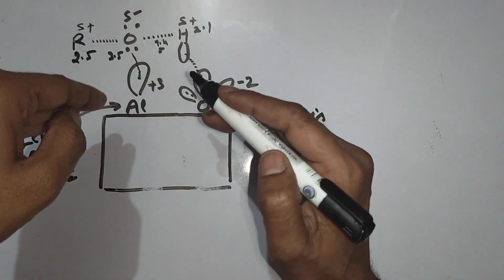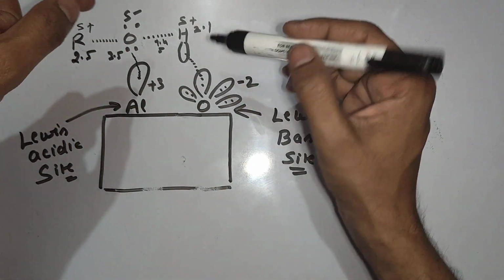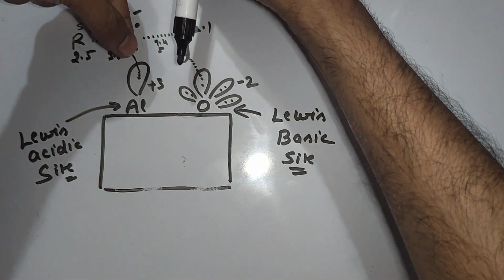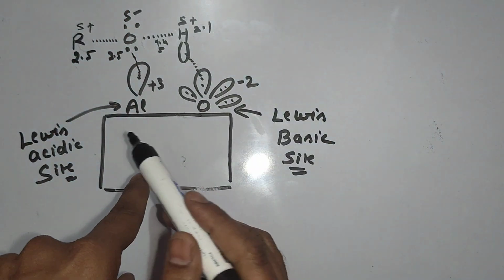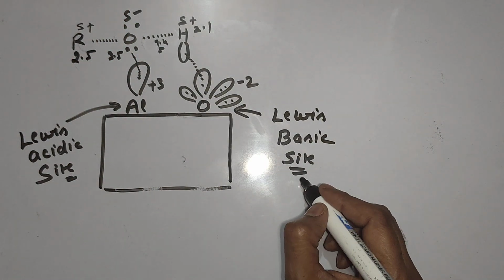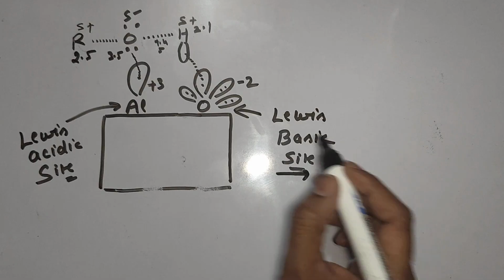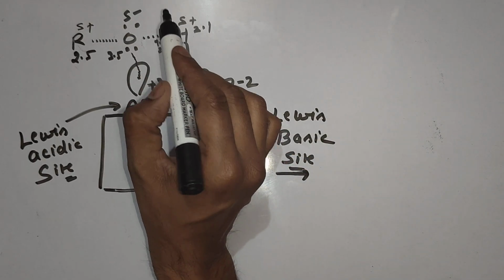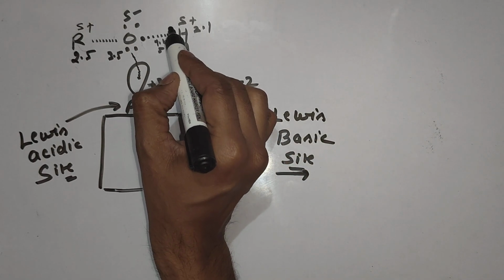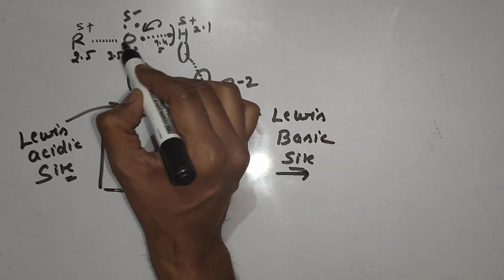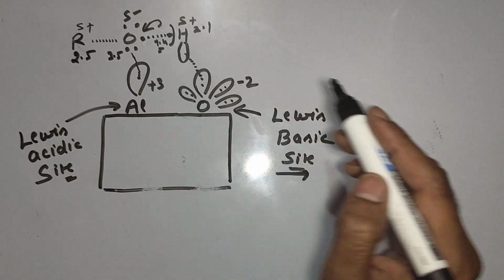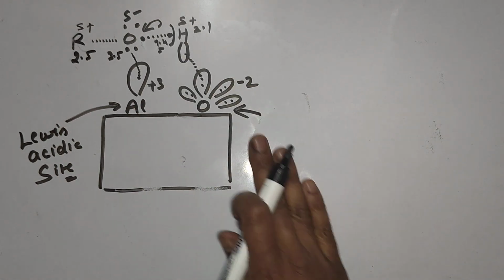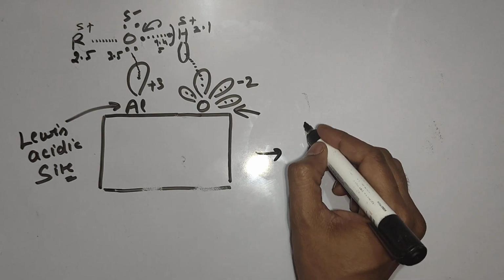In this fashion, the alcohol molecule is making bonds with active sites on Al2O3. Now next what will happen? Finally bond breakage will happen. Obviously both electrons will completely shift toward oxygen and hydrogen will make a bond with oxygen. So the next condition will be this.